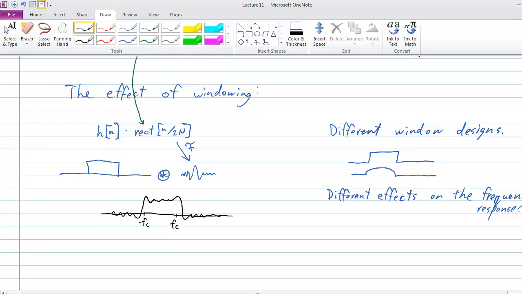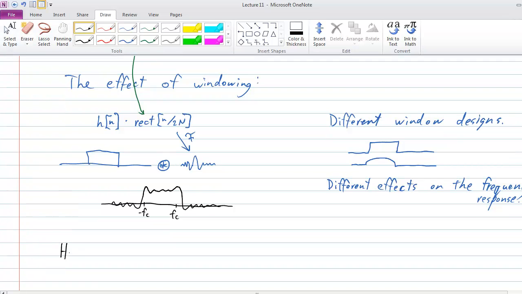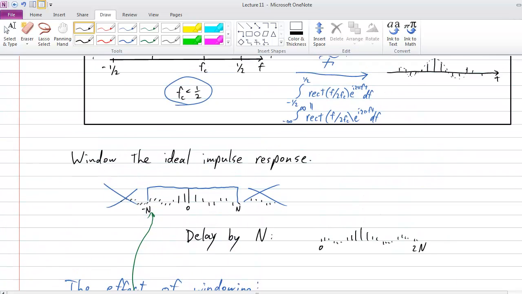Okay, now let's, I guess, say, how would we actually implement this FIR filter? So let's say we've designed an impulse response that's finite in length. How do we actually implement this?